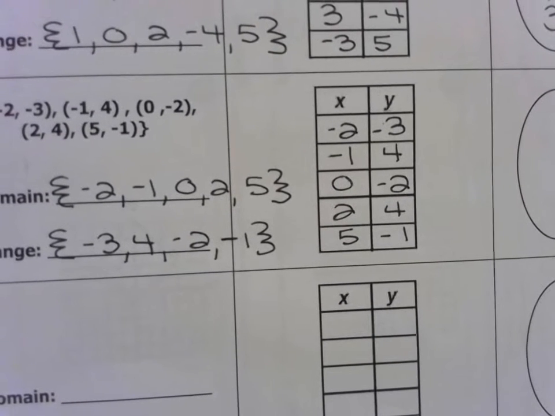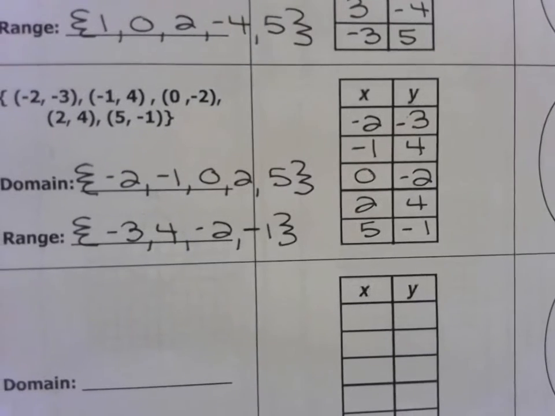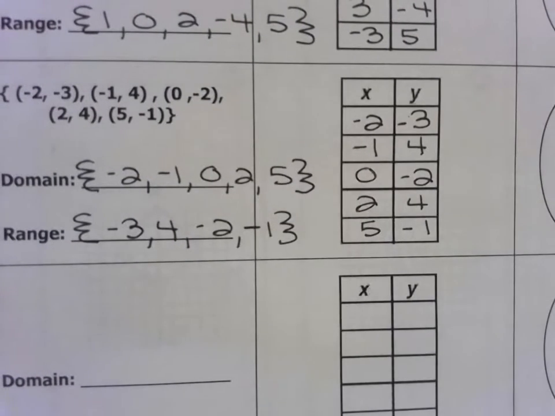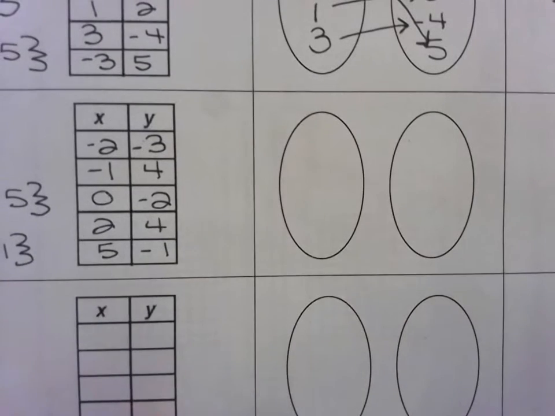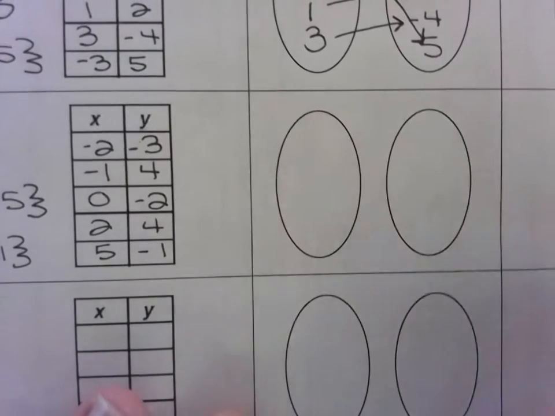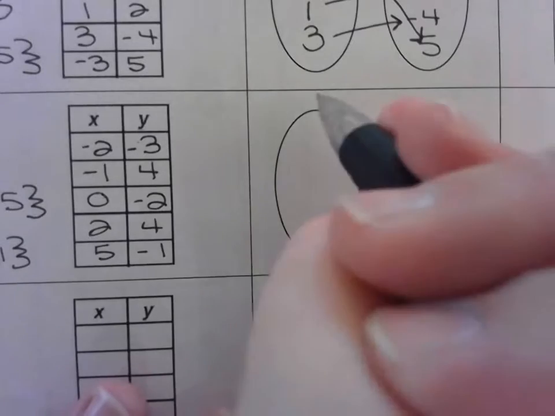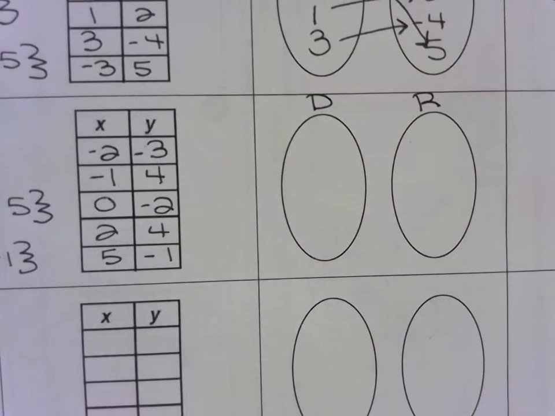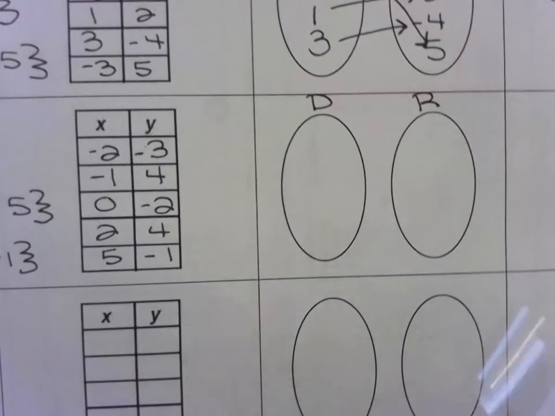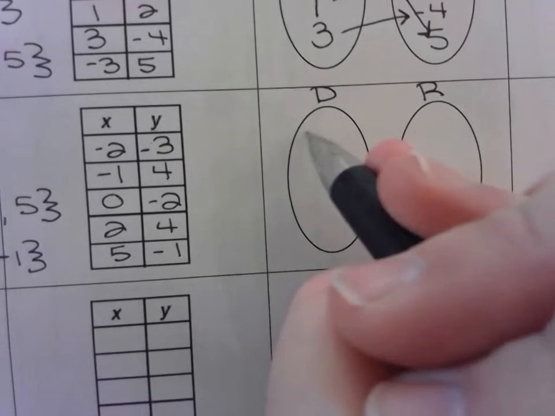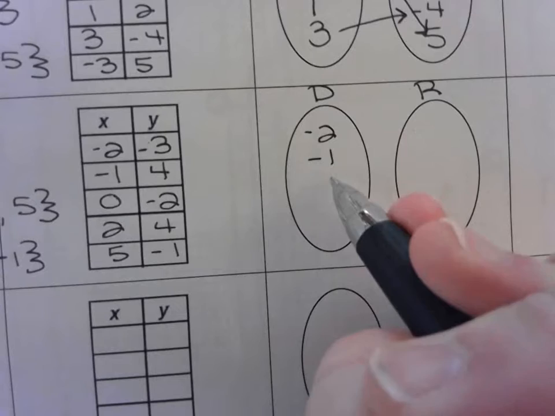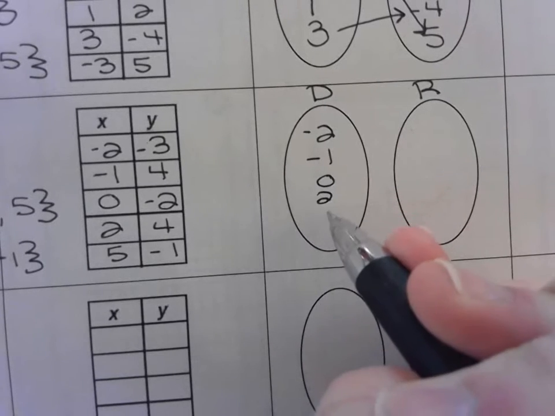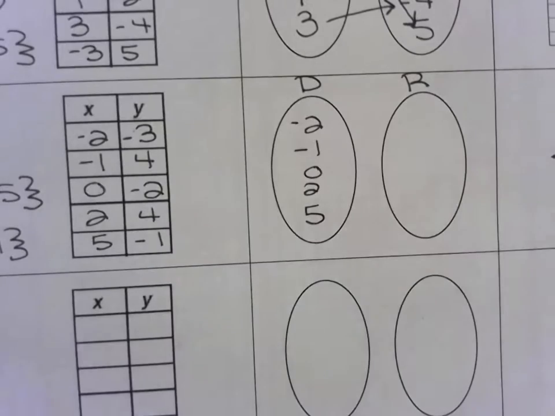Okay, a mapping. If I look at a mapping, explain how I would do this in a mapping. Before I start listing numbers, what do I have to do? Domain and range. Make sure you label it as domain and range. So put your domain, -2, -1, 0, 2, 5.